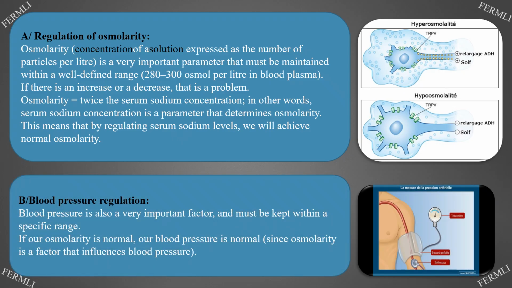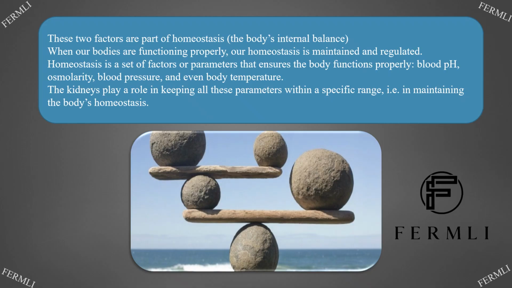B. Blood pressure regulation. Blood pressure is also a very important factor and must be kept within a specific range. If our osmolarity is normal, our blood pressure is normal, since osmolarity is a factor that influences blood pressure. These two factors are part of homeostasis, the body's internal balance.